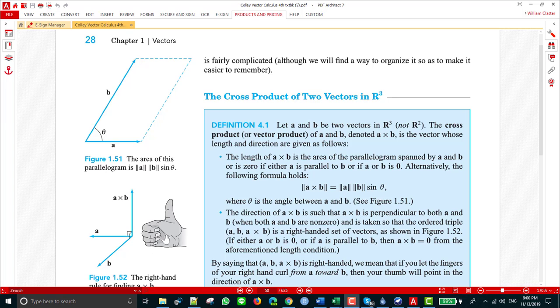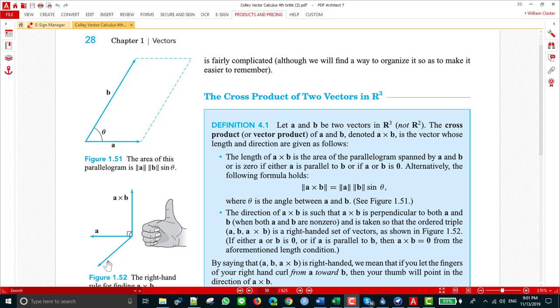If you do it with your left hand, you get the opposite direction. You point your fingers in the direction of A, stretch out your hand in the direction of A, and then rotate it towards B. Whatever direction your thumb is in is the direction of the cross product.